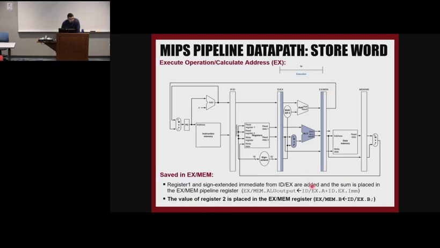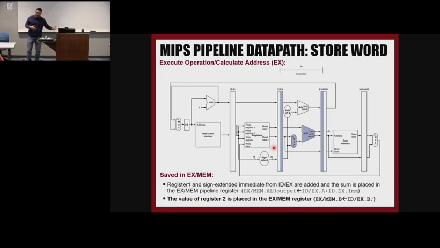Because it's the store word, at the same time, we get the B part. That's what we want to store, the second register. We move it from register B in ID/EX to another register B in the EX/mem pipeline. This also happens in the load word case; we just didn't show it. This always happens. This is one of those cases where we do everything together and we let the multiplexers choose what they want to do with it.